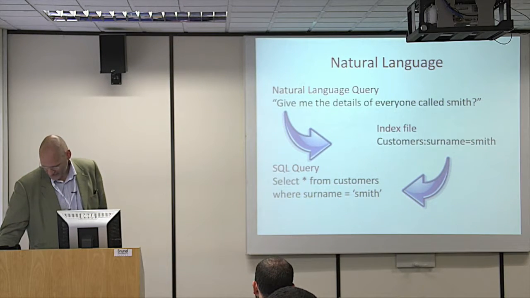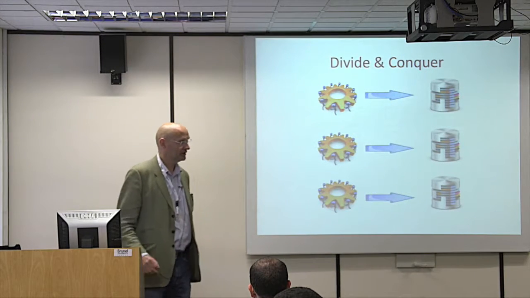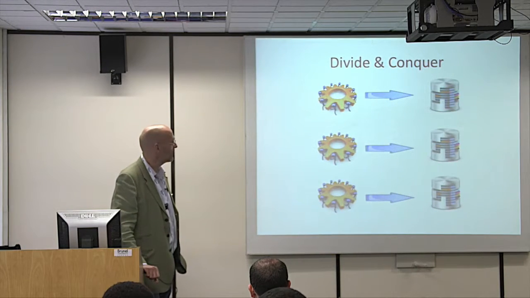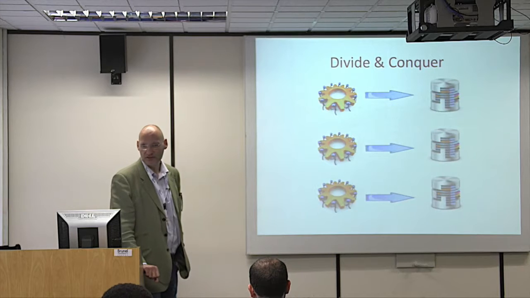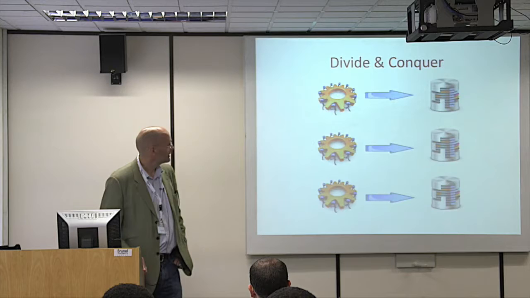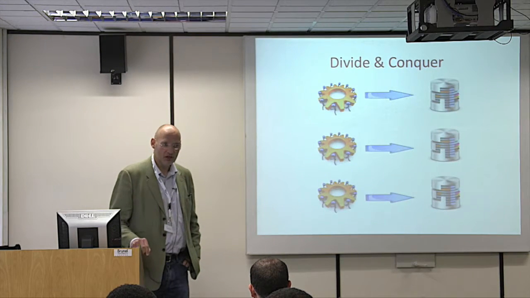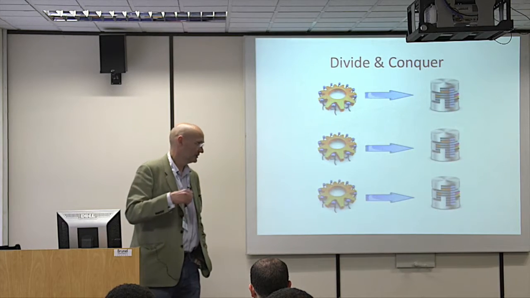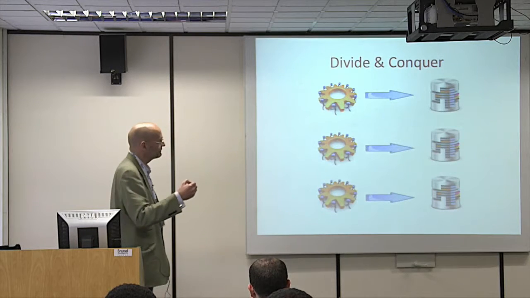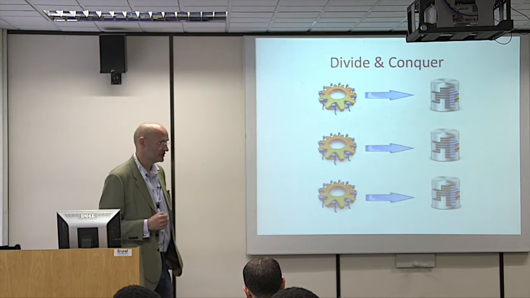Now, the next thing to look at, and the final thing, is to divide and conquer. When we start talking about federated searching, we start talking about multiple databases, multiple repositories. As I said at the beginning, one of the common problems with previous attempts at creating federated searching is that users did not believe that all the repositories were being searched.